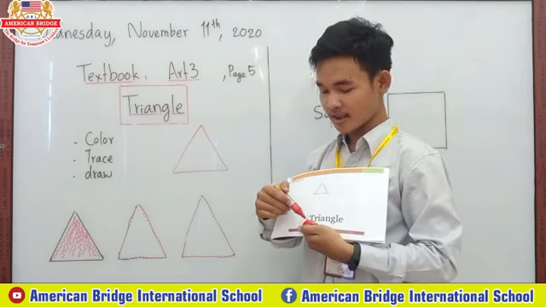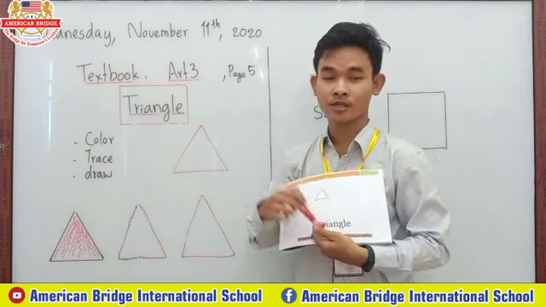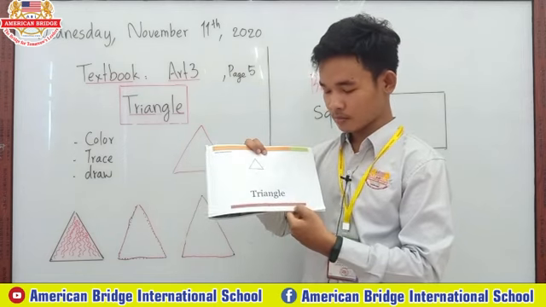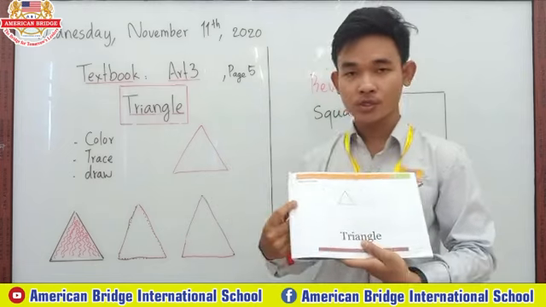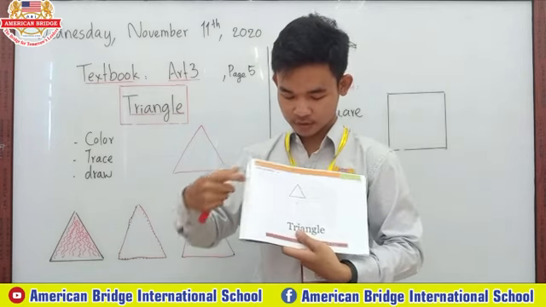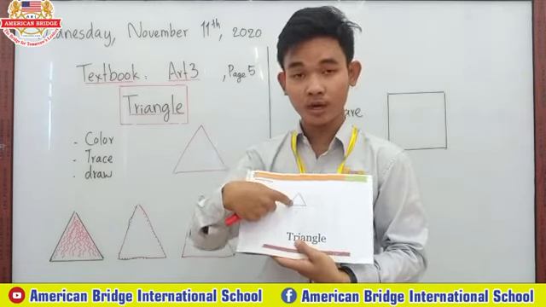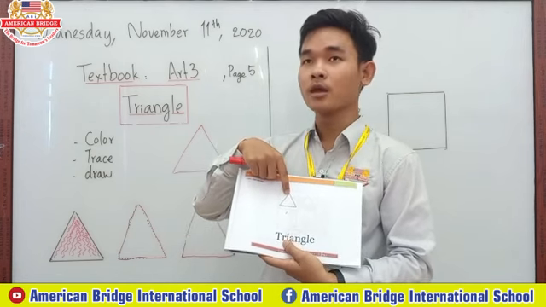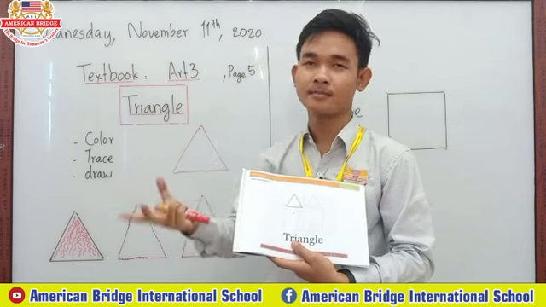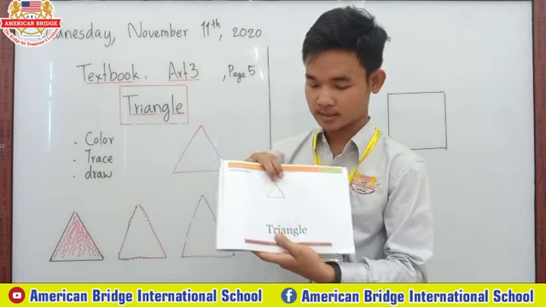So I finished my activities already. Now it's your turn. Turn your book to page 5, and then you will see triangle. Your activity that you have to do next is you have to color this one with the colors that you want. You want red, blue, yellow, it's up to you.